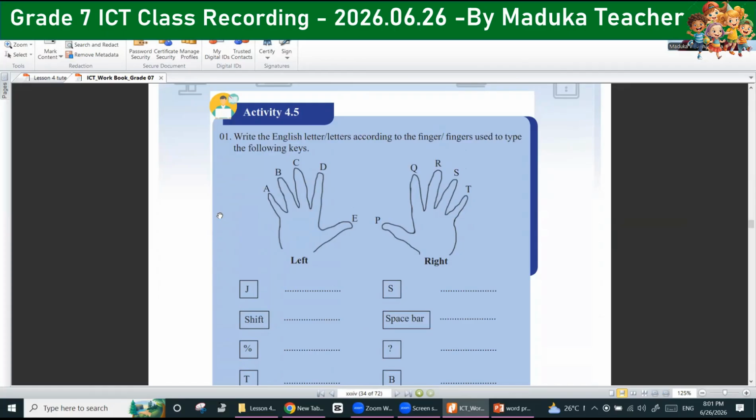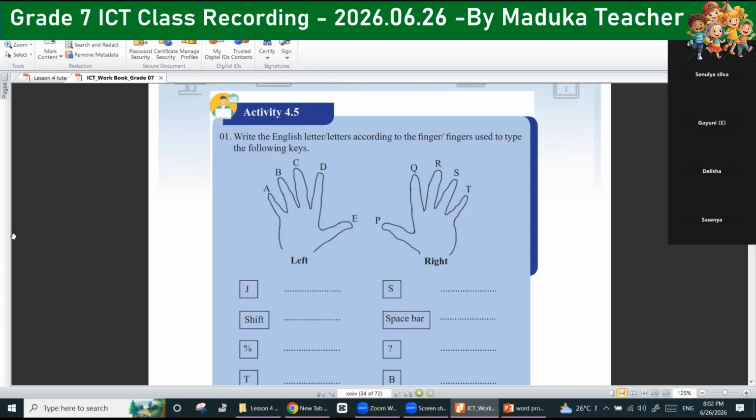Mark the first question in that activity as a homework. Right? You have to do all the questions in 4.4 and the first question in 4.5. Okay? Right? Can you do this as a homework, Delisha? Gayuni? Yes, teacher. Yes, okay.